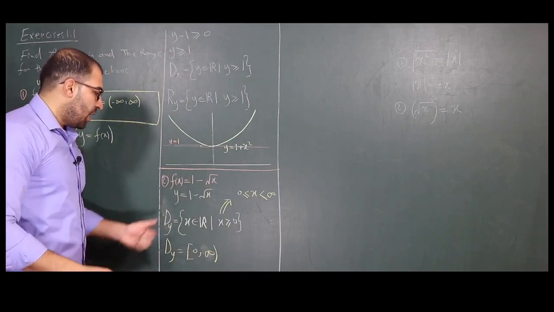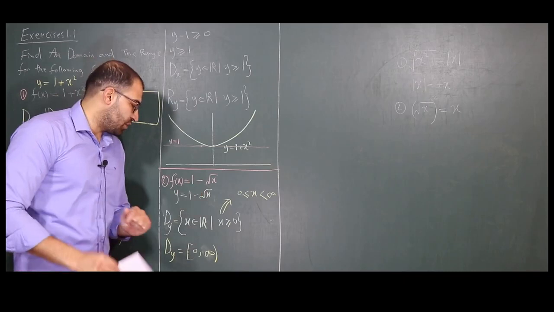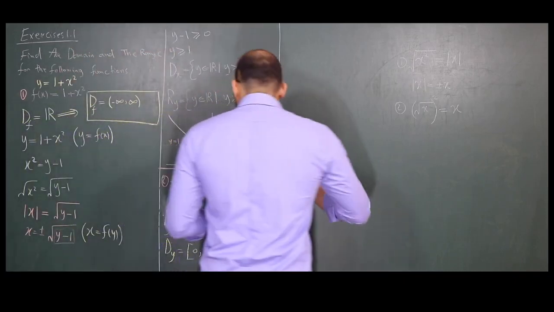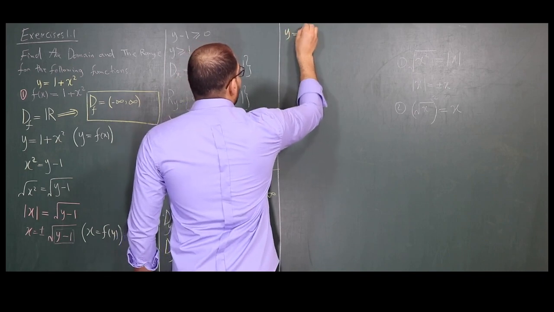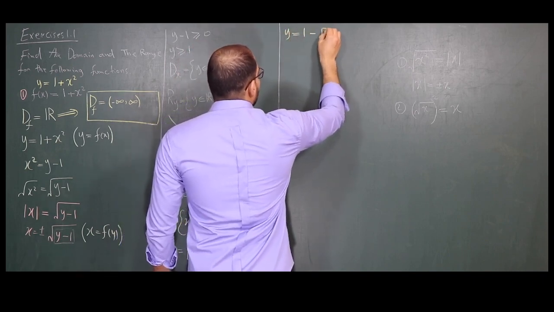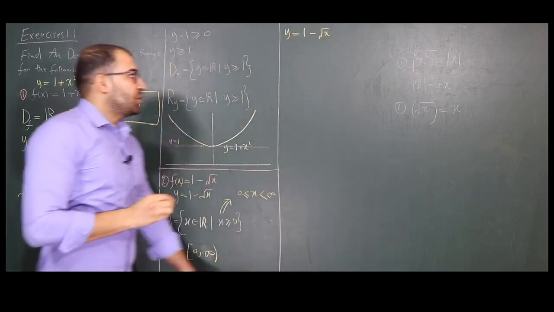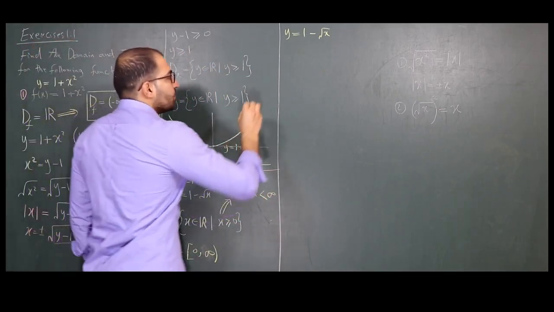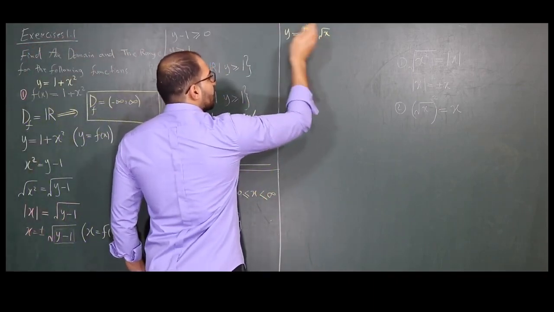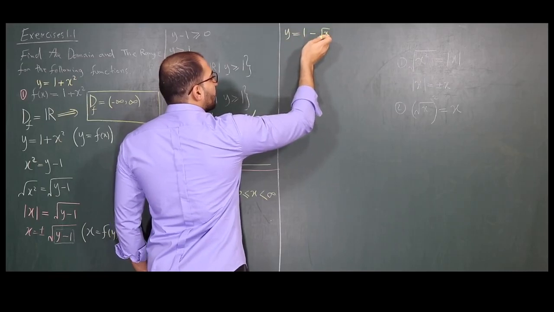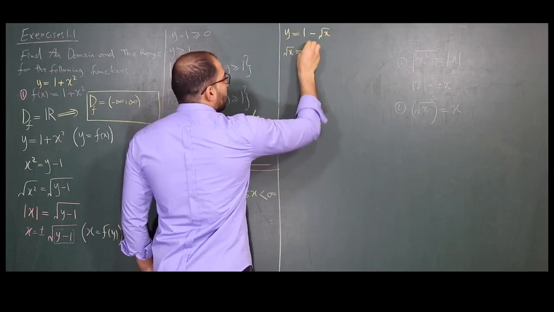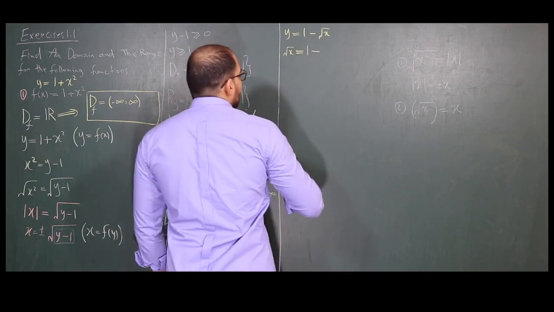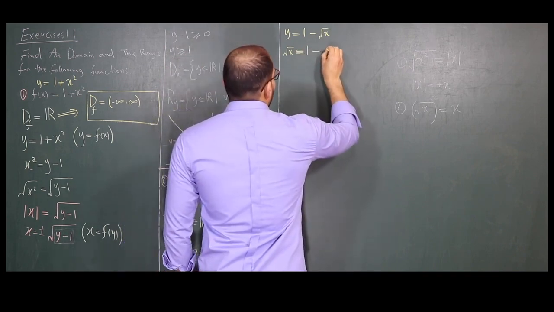Now the next step: I want to find the range of this function. To find the range, as we studied, for this function y equals 1 minus the square root of x, I need to change the formation. I'm going to move the square root of x to this side, which changes its sign, and I keep 1 minus y here.